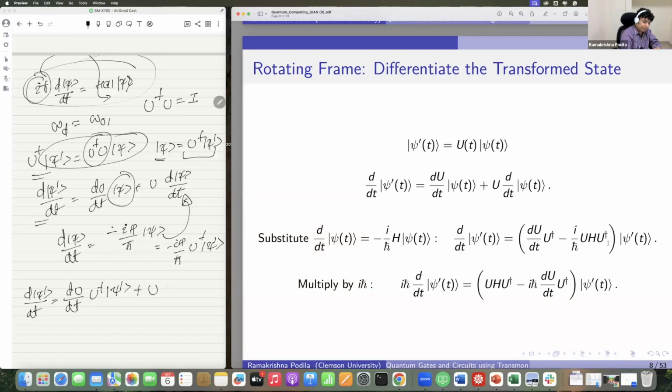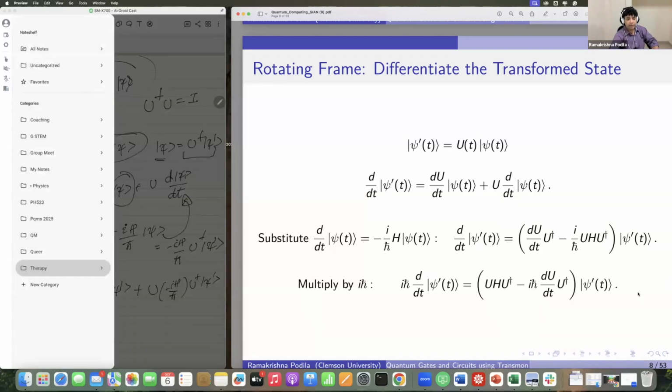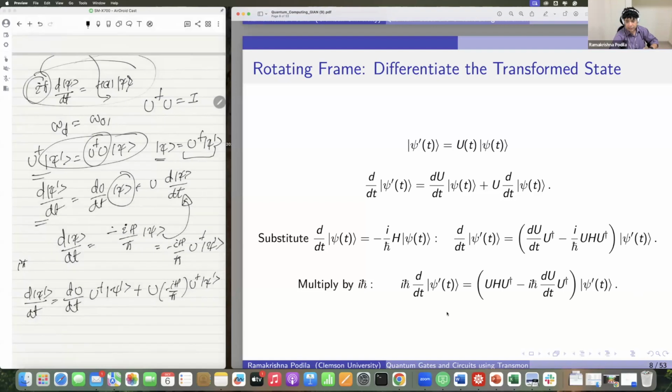Plus U times minus iH by h bar U dagger psi prime, right? And then you could just rearrange these equations and multiply with i h bar from both sides, and then you get this equation that you see at the end. So on one side you have i h bar d psi by dt, and on the other side you have something in the bracket multiplied by psi prime.